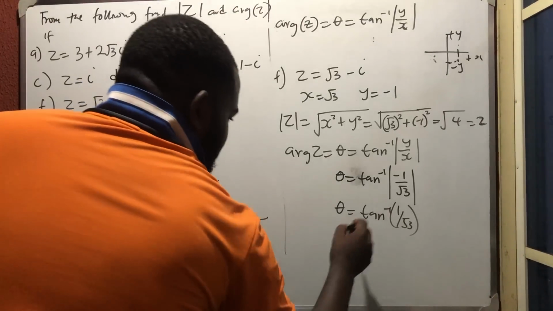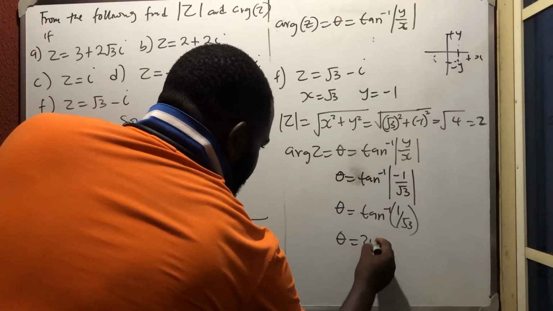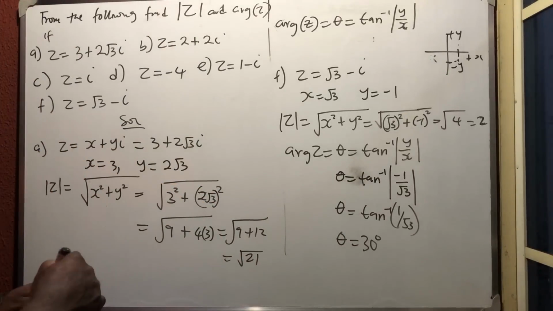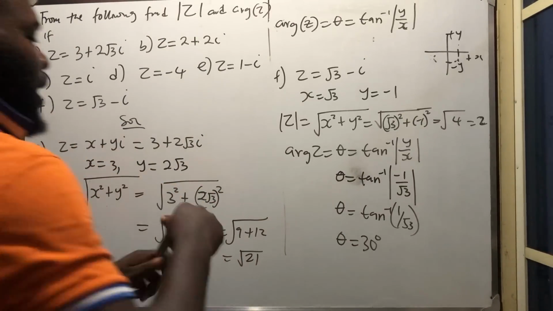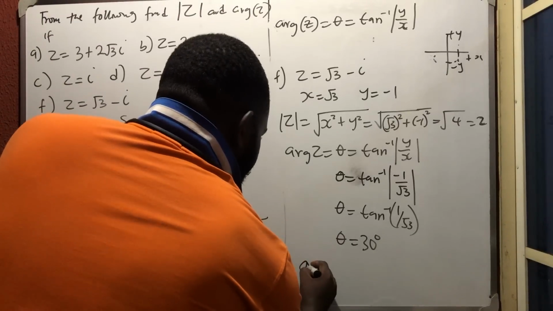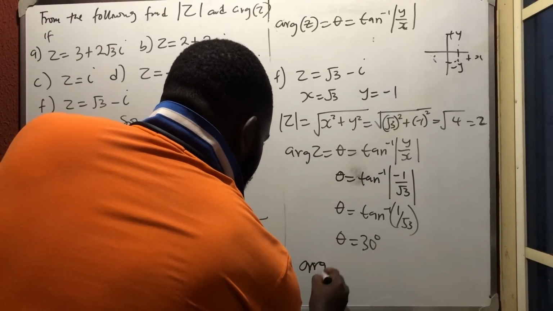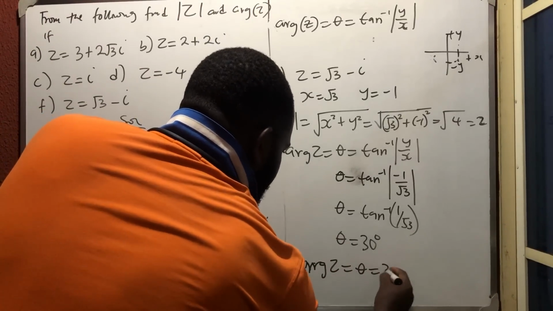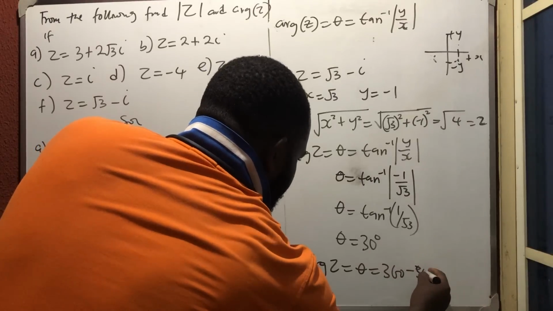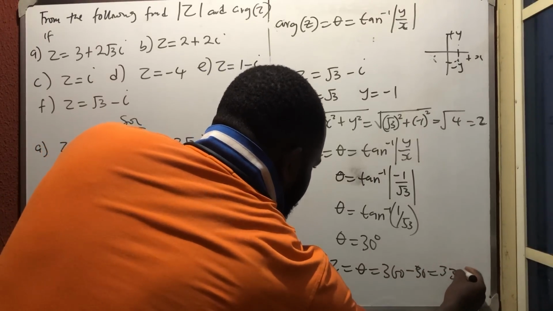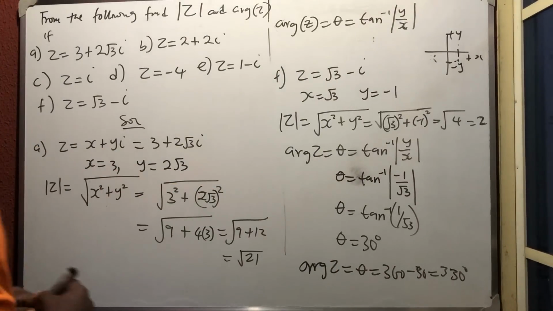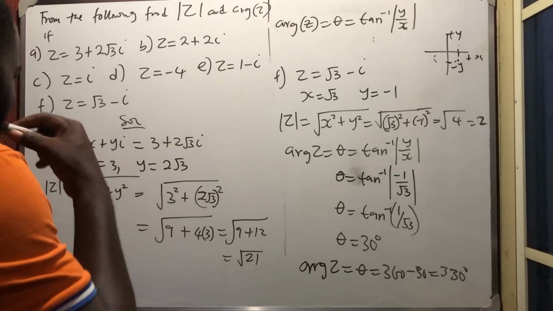So tan inverse of 1 over root 3 is 30 degrees. But 30 degrees is in the first quadrant. So to take it to the fourth quadrant, the argument of z, which is theta, should now be 360 minus 30, which is 330 degrees. So that is it for this particular one.